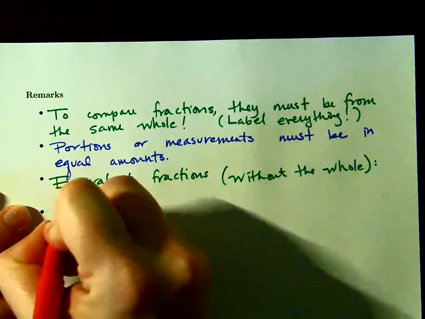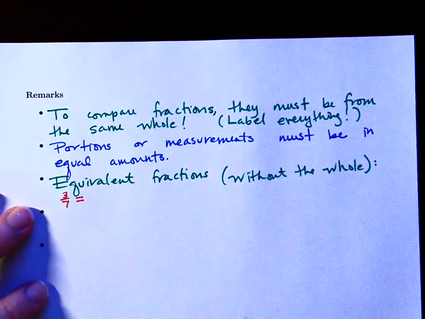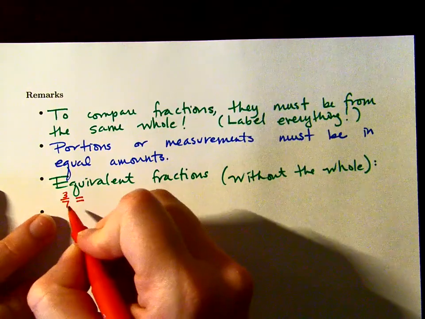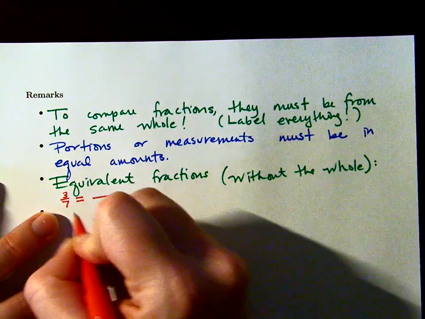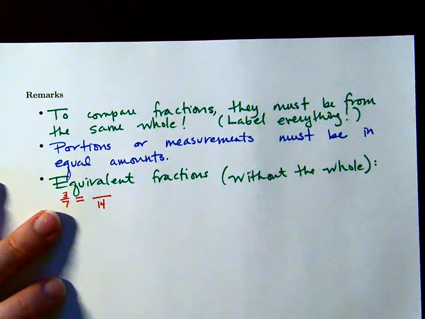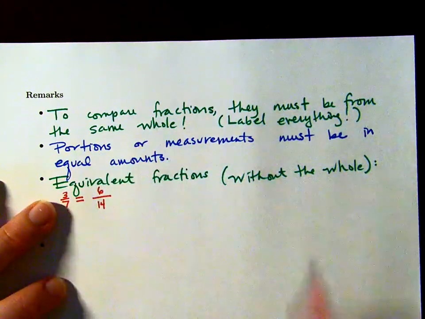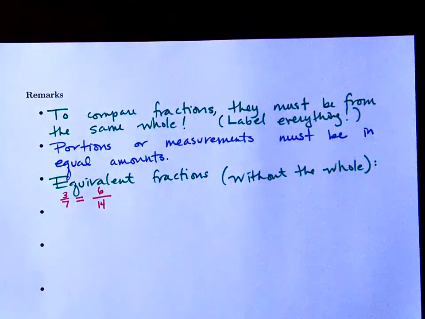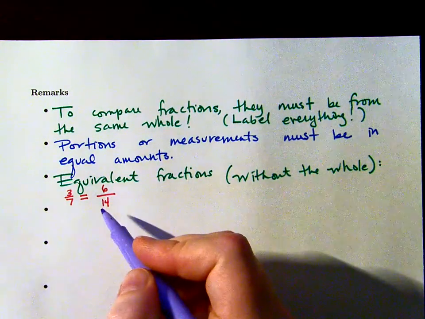For instance, suppose for fun, we have 3/7. Then if I take every single piece and I cut it into 2 pieces, that means these 7 pieces will become 14 pieces because I split each one of those into 2. And these 3 pieces will become 6 because I split each one of those into 2. And now it's this equal amount.